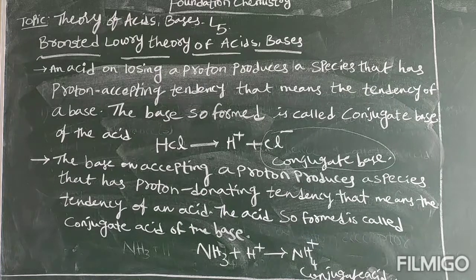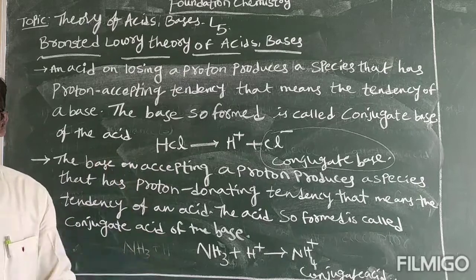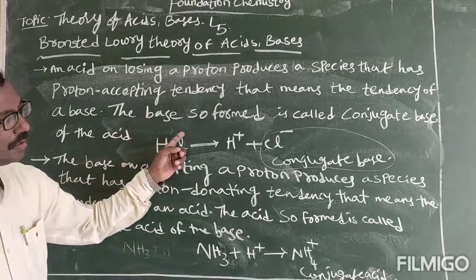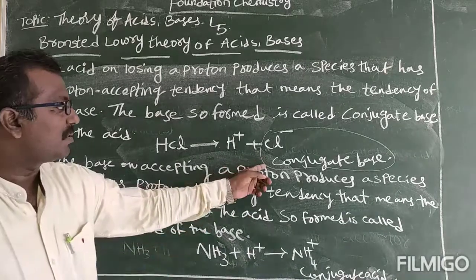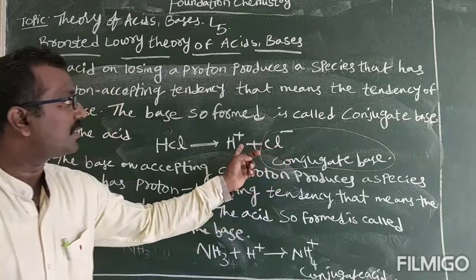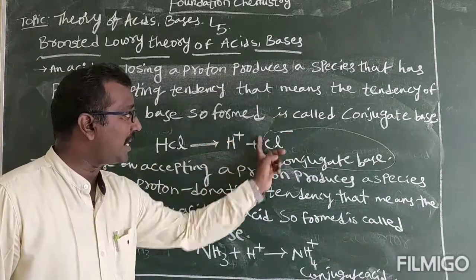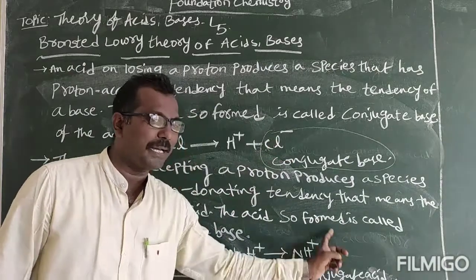Hope we had a clear discussion regarding what is an acid, what is a base, and now conjugate base and conjugate acid. Conjugate base means that from the acid, it produces a species that has proton accepting capacity, and here proton donating capacity.